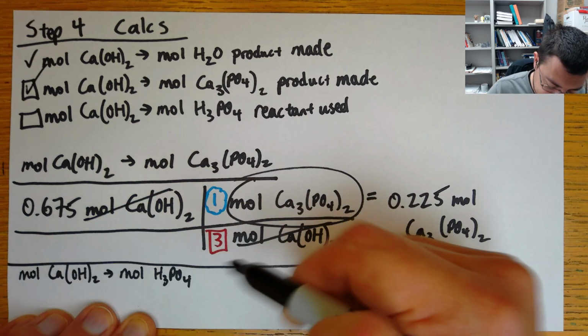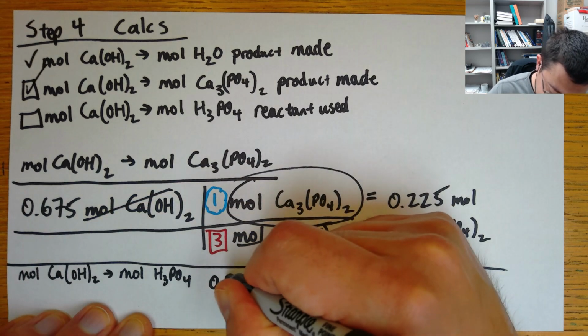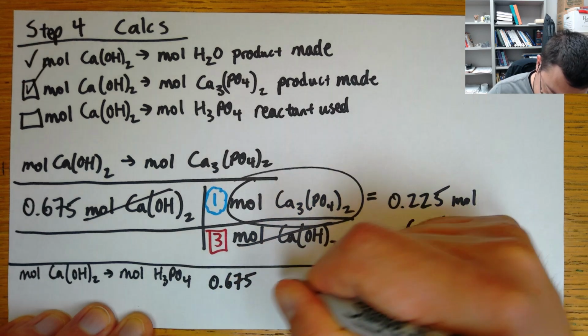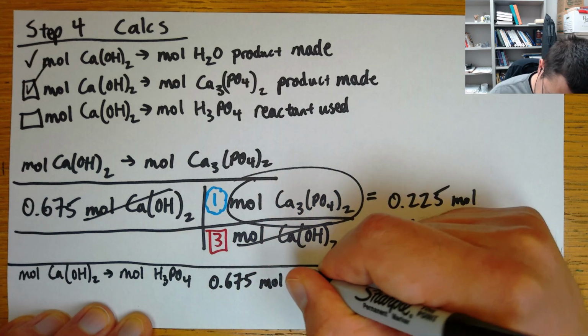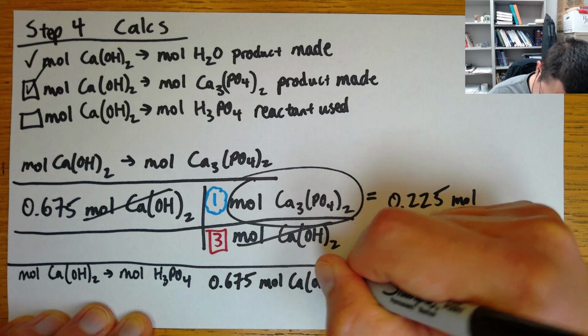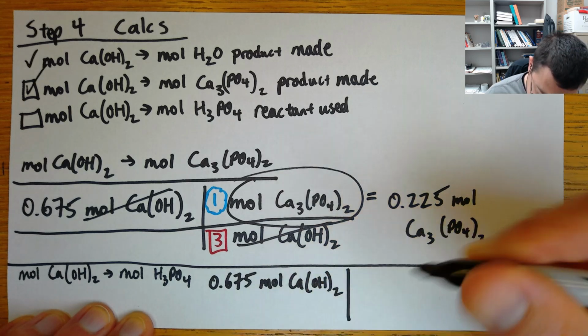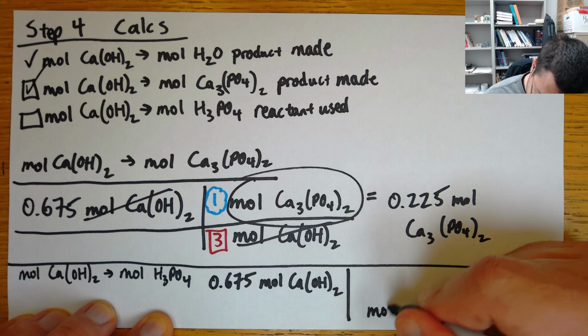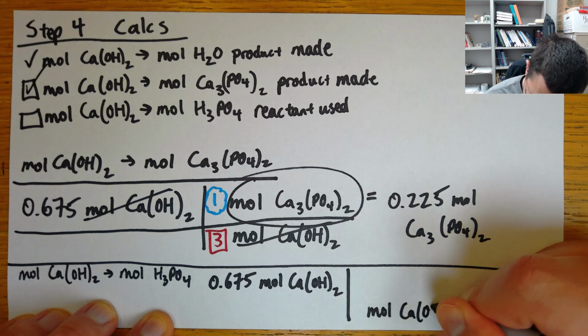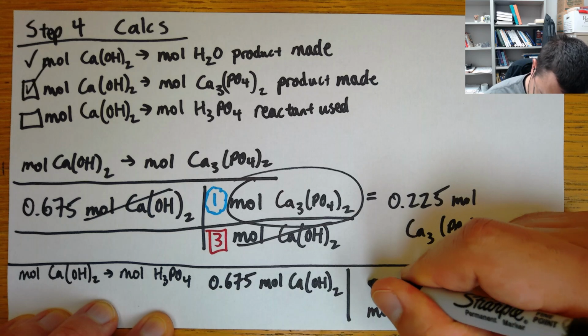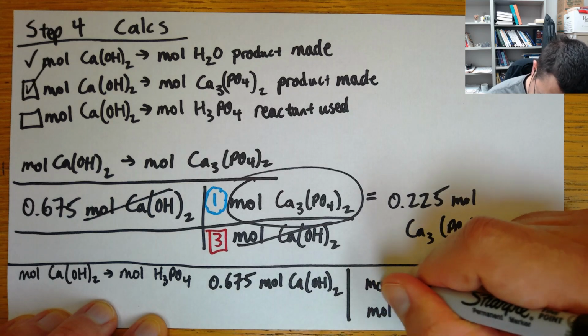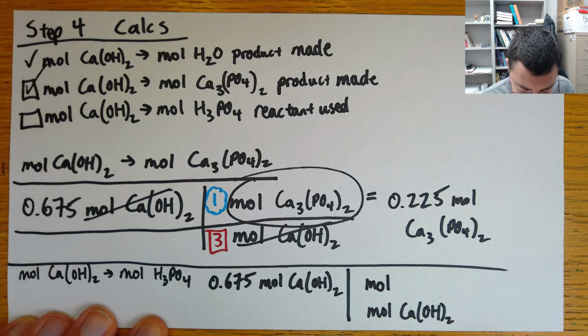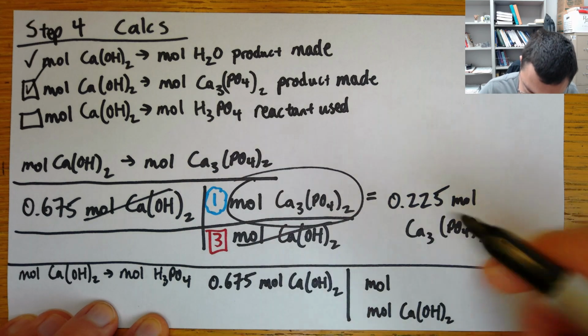So start with the limiting reactant again. Set up our units to cancel. Set up our units to survive. H3PO4.